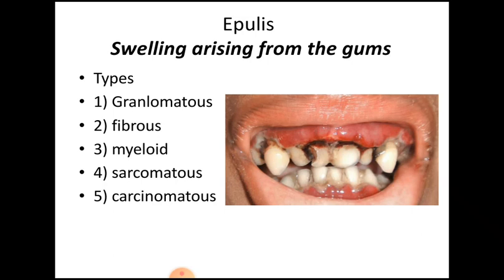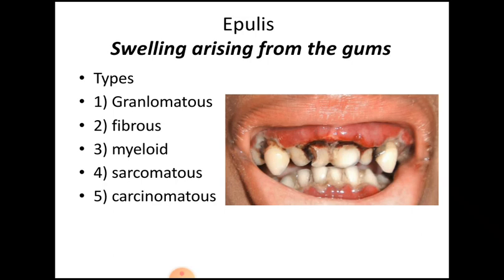Fibrous epulis is a pedunculated mass. Myeloid epulis is purple in color due to high vascularity, while fibrous epulis is white pink due to less vascularity. So, fibrous epulis doesn't bleed easily, due to fibrosis, while myeloid epulis has serious bleeding. Both are treated by wide local excision.